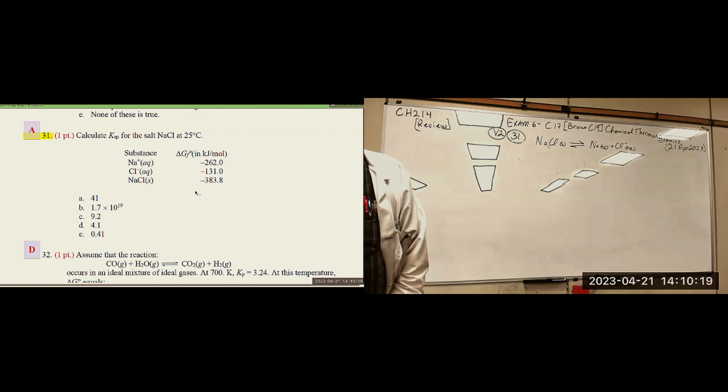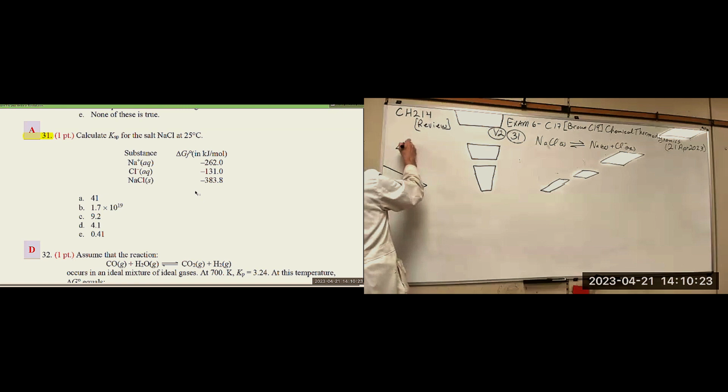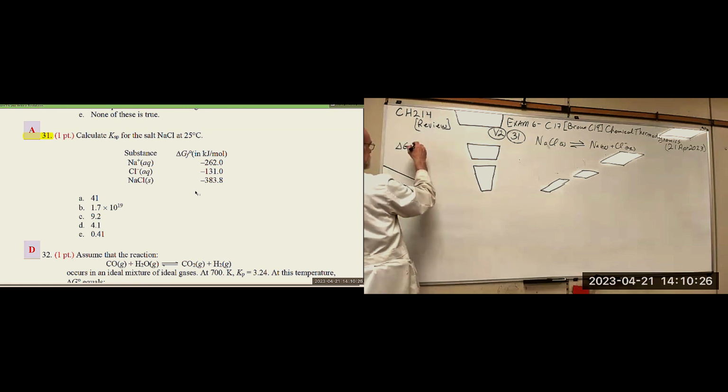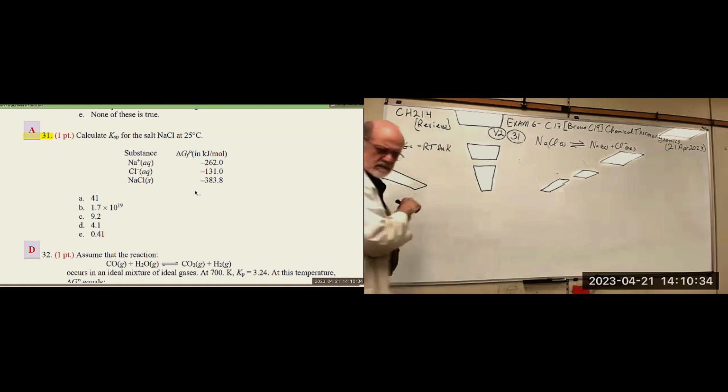What we need is delta G, because if we're looking for the K, delta G equals minus RT log K. Is that right? It's minus. So what we need is temperature.